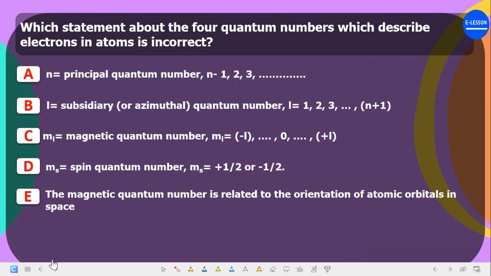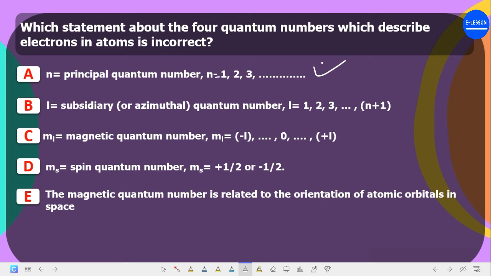Now the next, which statement about the 4 quantum numbers which describe an electron in an atom is incorrect? Let me tell you the question again. Now you have the first one. n is the principal quantum number, and n has values of 1, 2, 3. That is true.